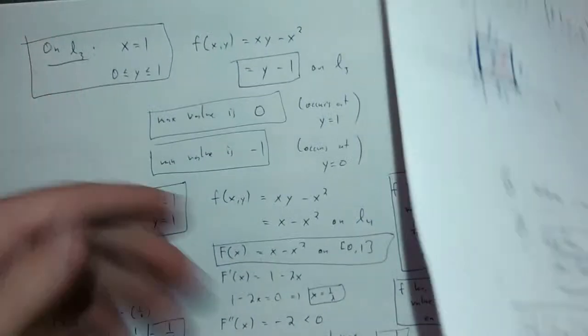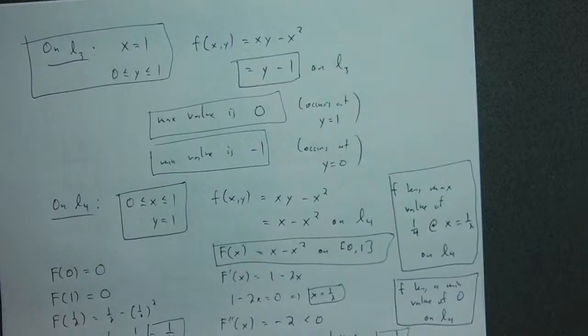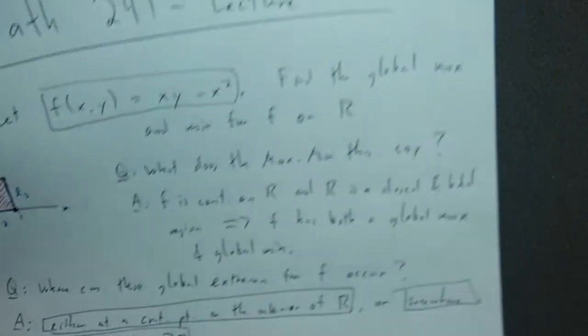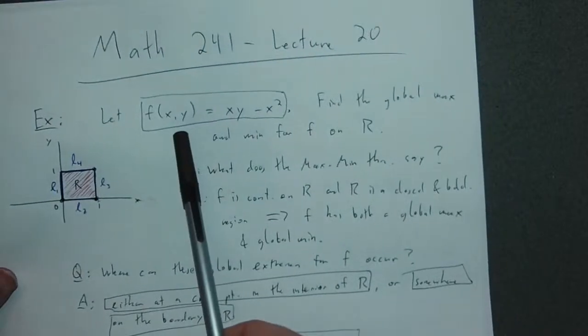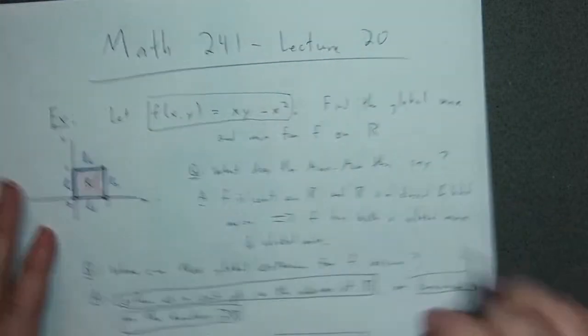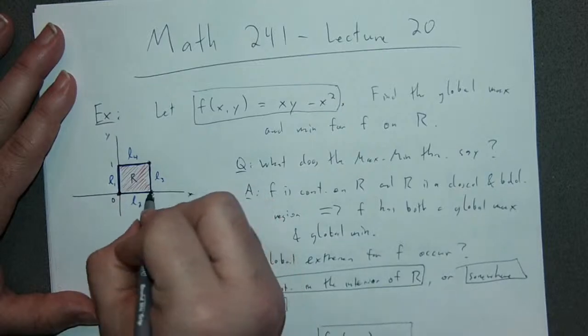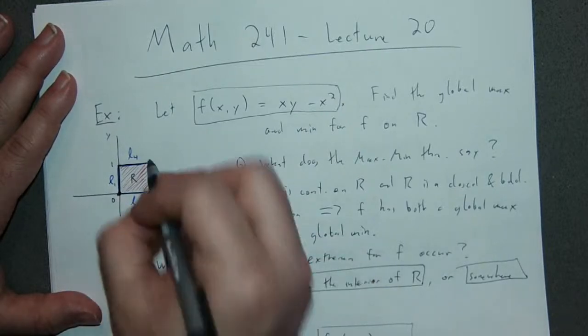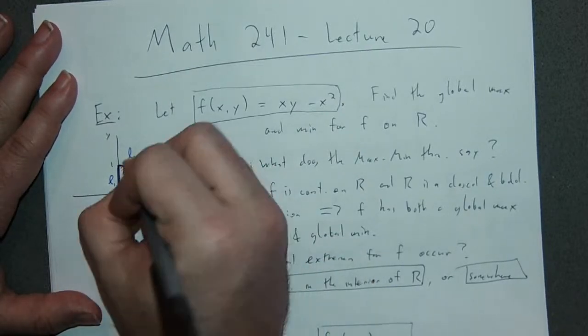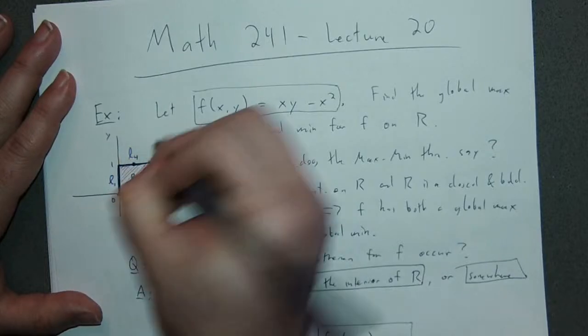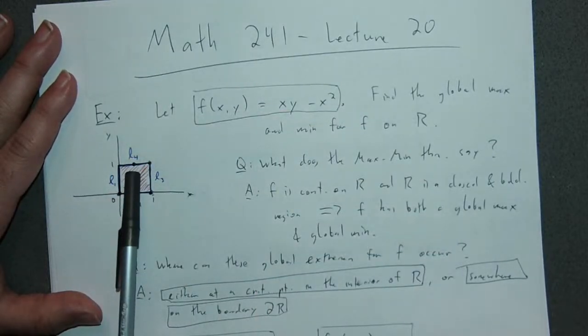Okay, so let us go all the way back. And we say, okay, so here's my function f. Here's what my region looks like. At this corner, f is 0. At this corner, f is minus 1. At this corner, f is 0. At this point right here, f is 1/4.